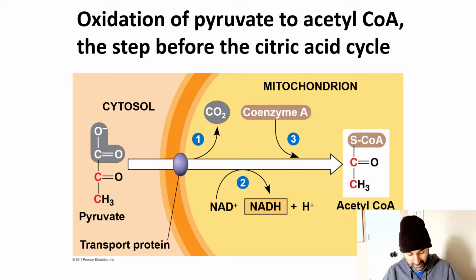Did you follow that? So again, during stage 1.5, you start with the reactant pyruvate, and the products are CO2, NADH, and acetyl-CoA.